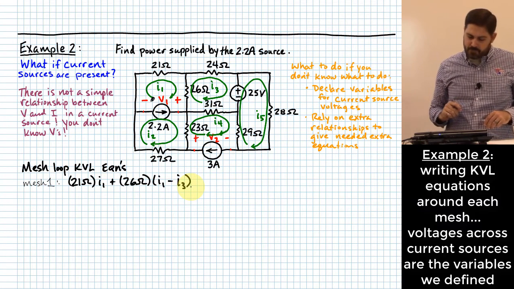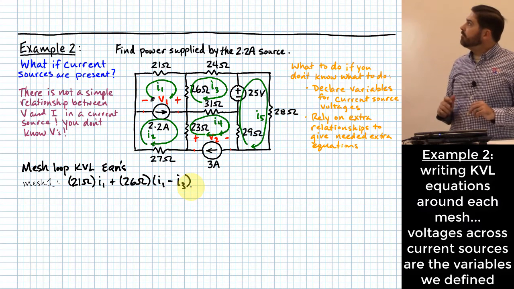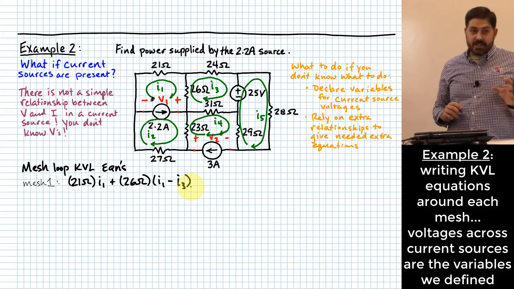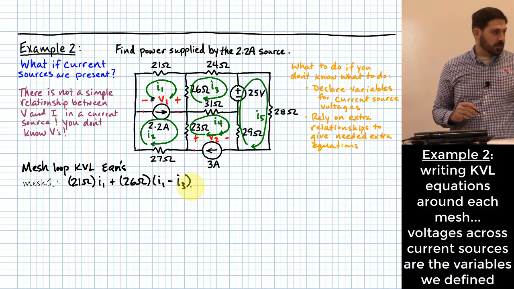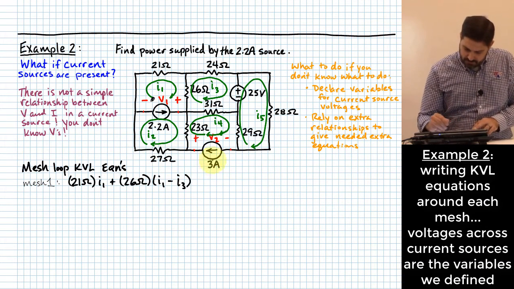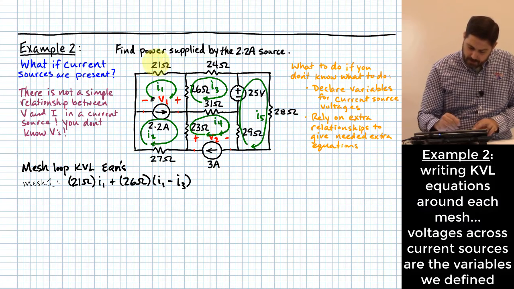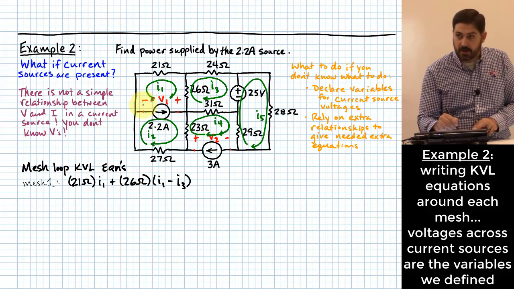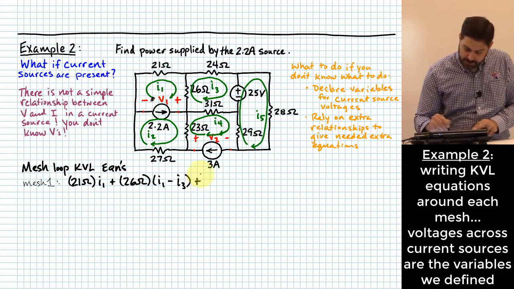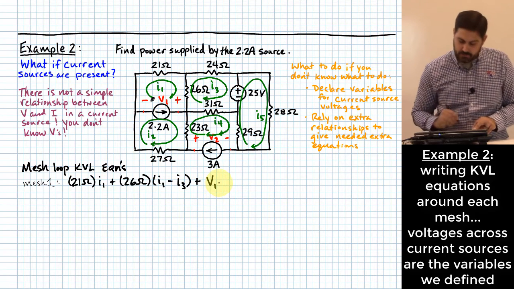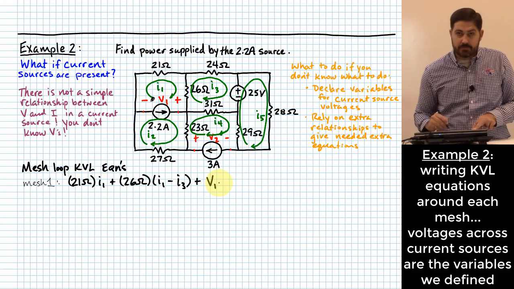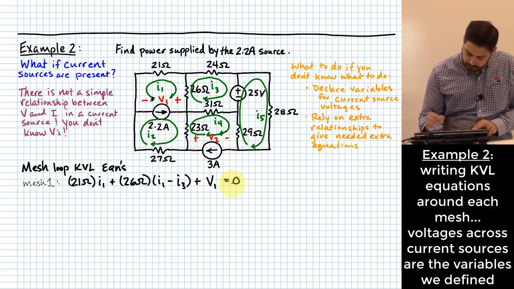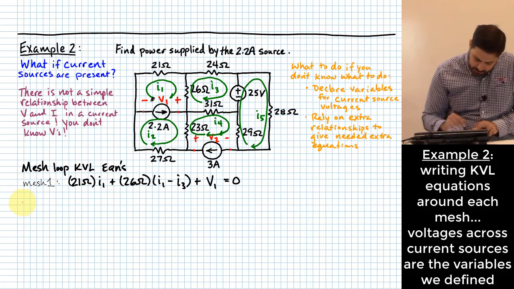Then what? Because I didn't know the voltage across my current source, I just defined that variable. So what do I do here? Not minus, I'm coming into the plus sign, so that means I say plus V1. Does that get me all the way around that loop? Yep. Let's get through the other ones.